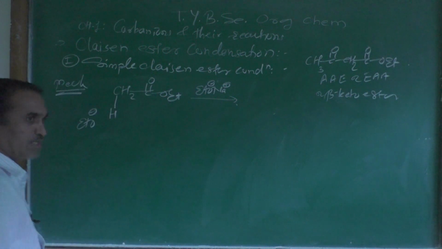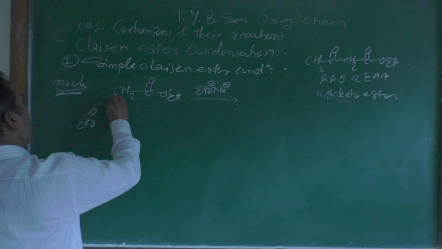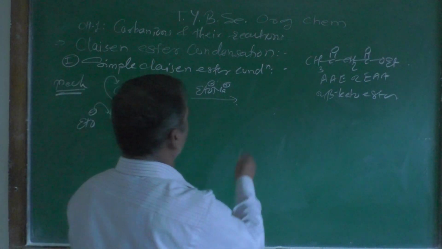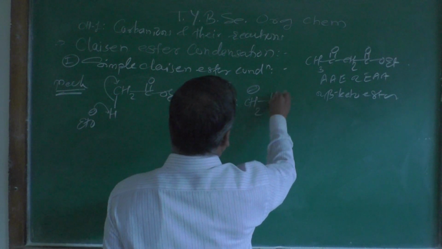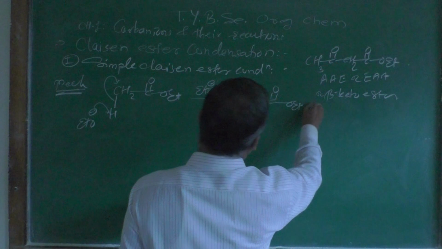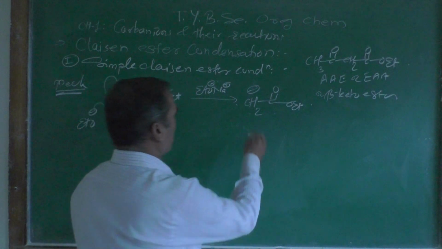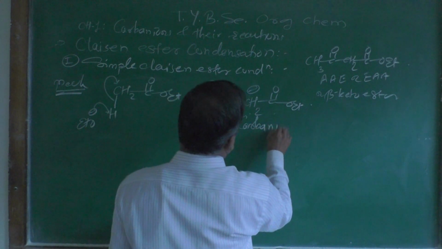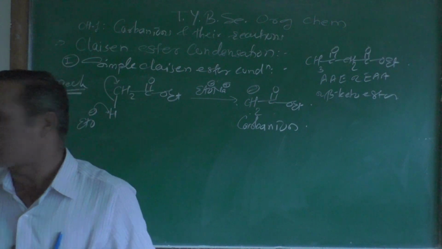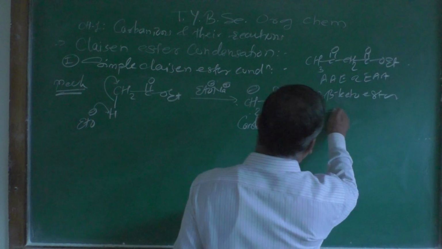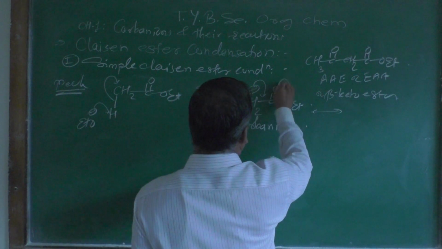EtO minus, this ethoxide, will abstract the proton from here and form a carbanion, and you get the product CH2 minus, then C double bond O and OEt. Look at this species. What is this species? This is a carbanion, right? The negative charge present on that carbon atom, that type of species is called a carbanion. And further there will be a delocalization, forming a double bond over there.